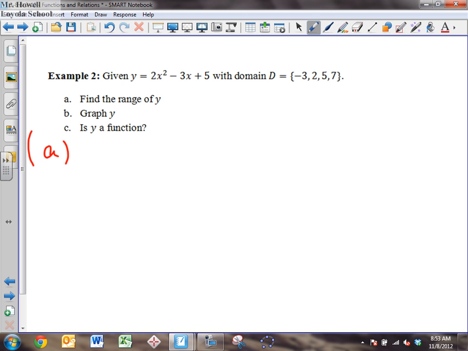So we're looking for the range for part A, a graph of the function y, or the relation y, and then the third question, is y actually a function?